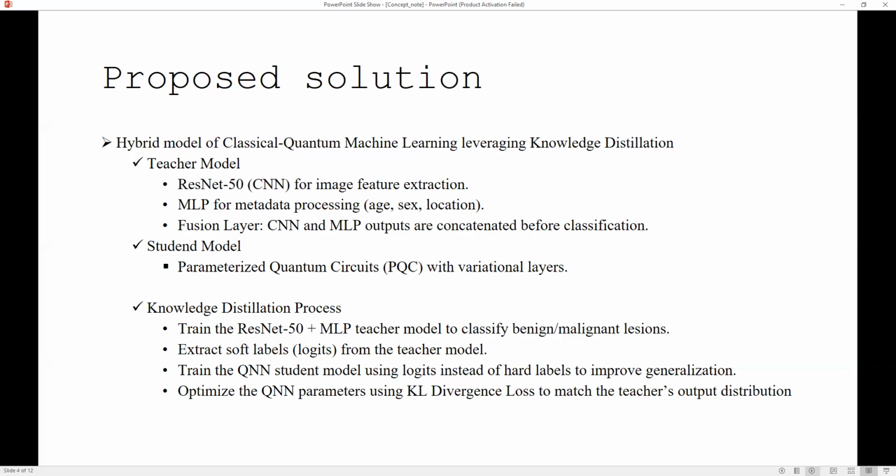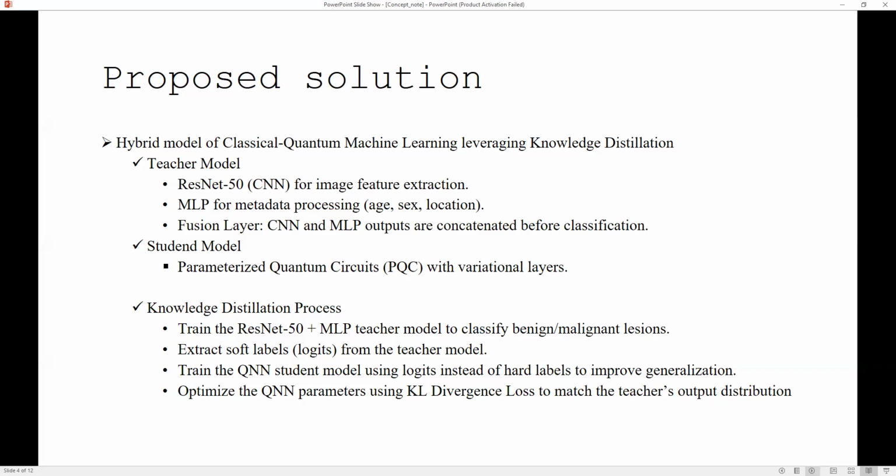Then we have used multi-layer perceptrons for metadata processing so that we are able to get correlations that we may not be able to see between features like age, sex, location of the lesions, among other things. After that, we combine the outcomes of these two models into one model.